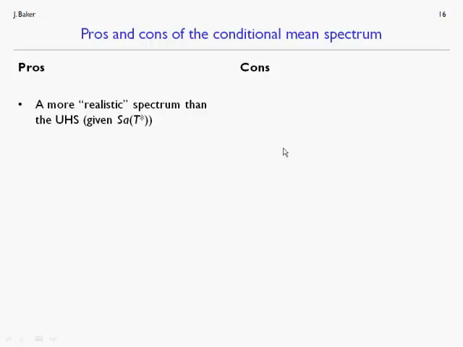And that's because it's capturing an expected response spectrum rather than the enveloping spectrum that the uniform hazard spectrum is. The negative is that it's less widely available than the uniform hazard spectrum. Uniform hazard spectrum is quite easy to obtain from websites such as the U.S. Geological Survey's website, as well as standard probabilistic seismic hazard analysis software.